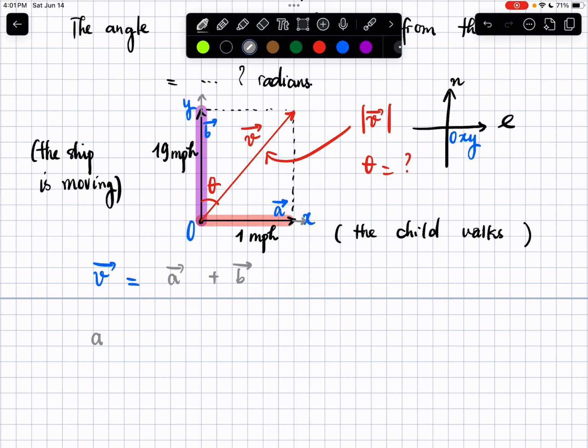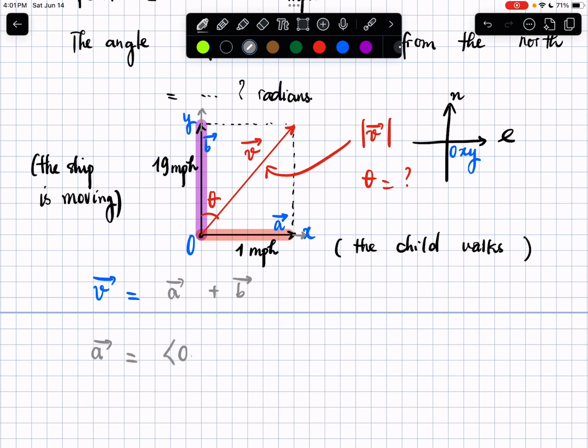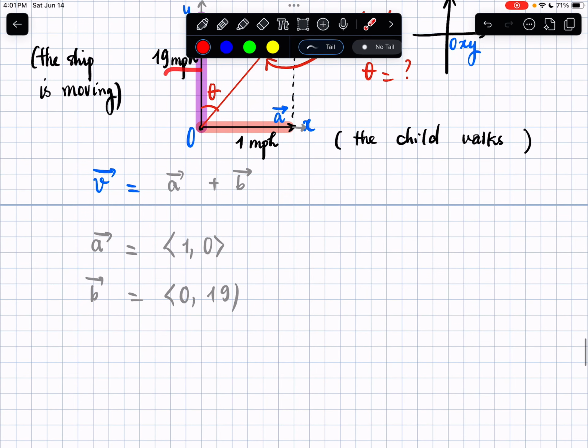Vector A is vector 1, 0, as this is the speed in the x-axis of length 1, right? The speed is 1 mile per hour. Vector B is a vector 0, 19, because it goes north, 0, 19 miles per hour.